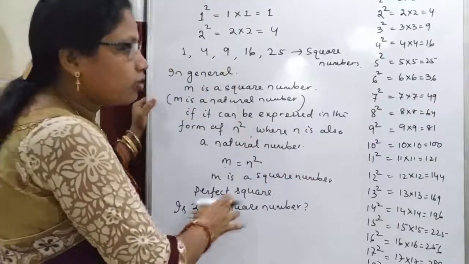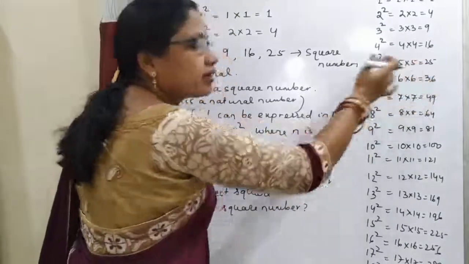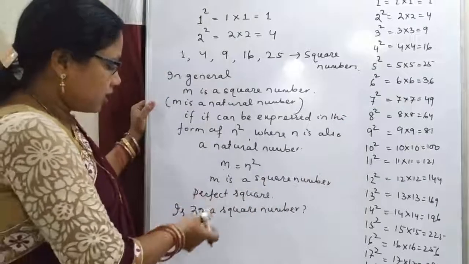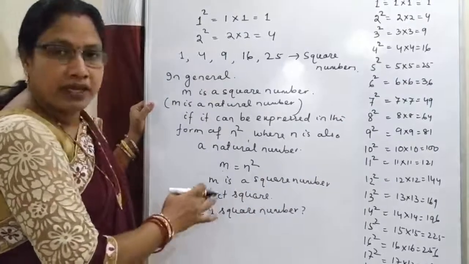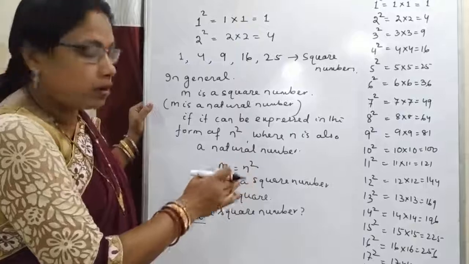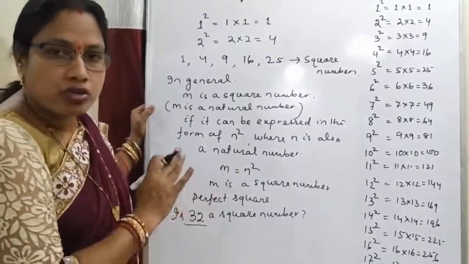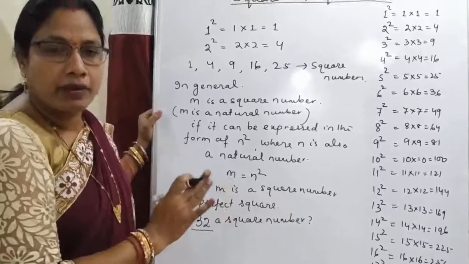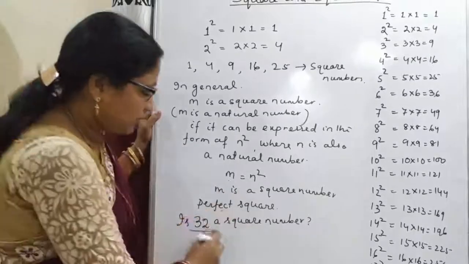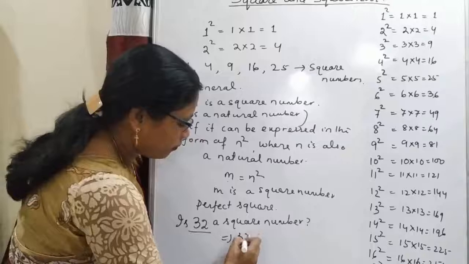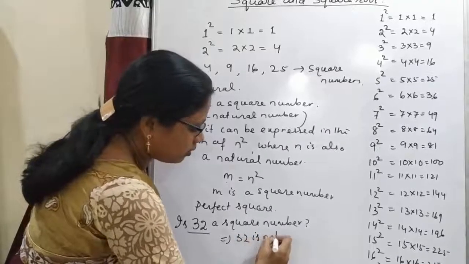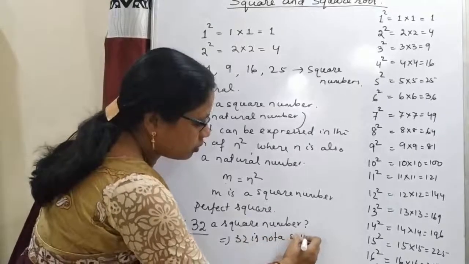So 32 lies between 25 and 36. That means it would have to be the square of a number which lies between 5 and 6. But there is no natural number between 5 and 6. That means 32 is not a square number.